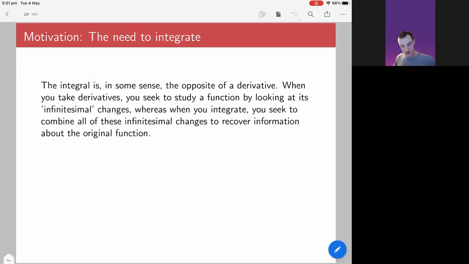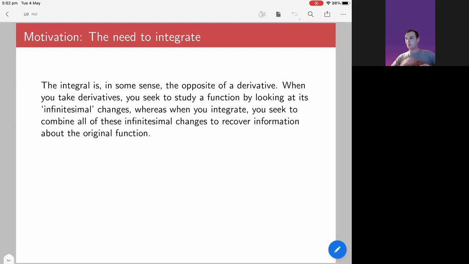Fundamentally, at its core, the reason that we study integration is that in a sense, it's the opposite operation to differentiation. So hopefully I've managed to convince you in the last few weeks that it is actually important to find derivatives of things. And if you're convinced that finding derivatives of things is important, then that should convince you that integration is important, because integration is essentially the other side of the coin.